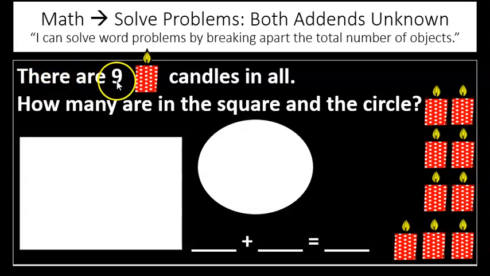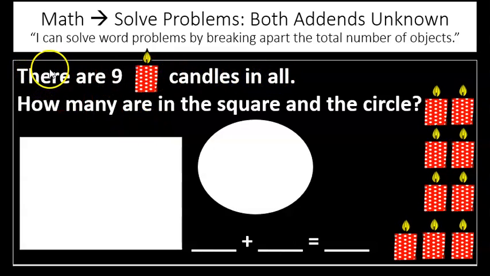There are 9 candles in all. Let's read our question now. How many are in the square and the circle? So that's our question. They want to know how many candles are in the square and how many candles are in our circle here. But before we do that, let's read again this top portion.